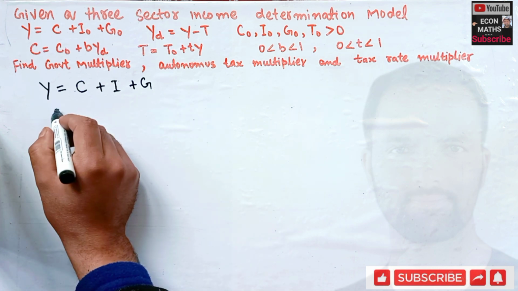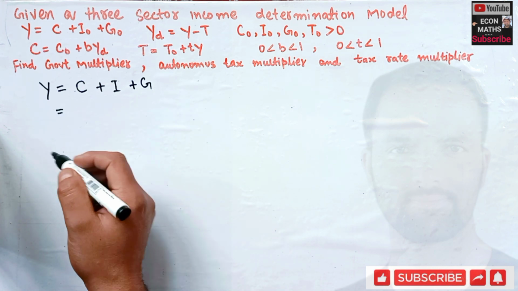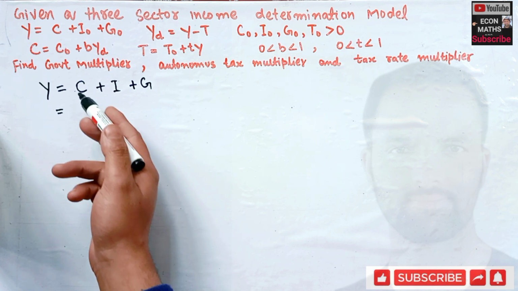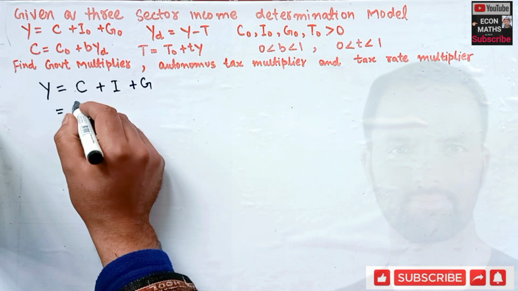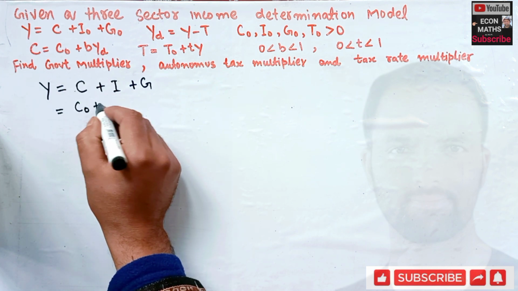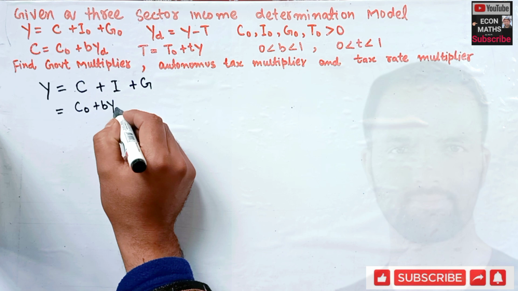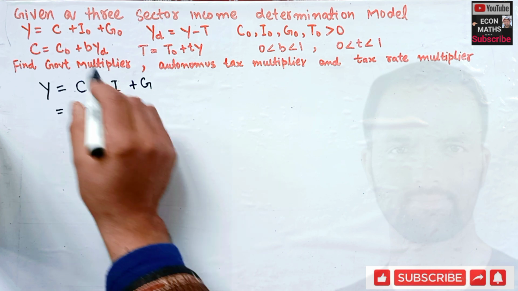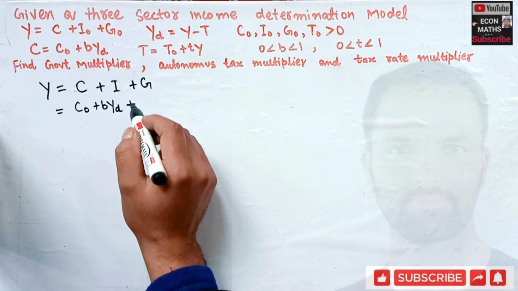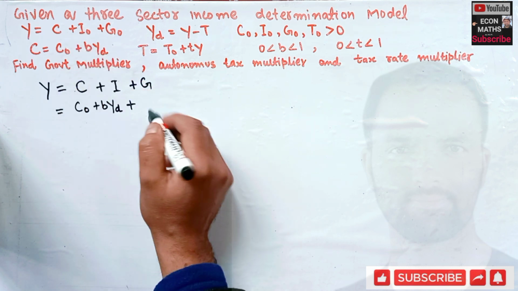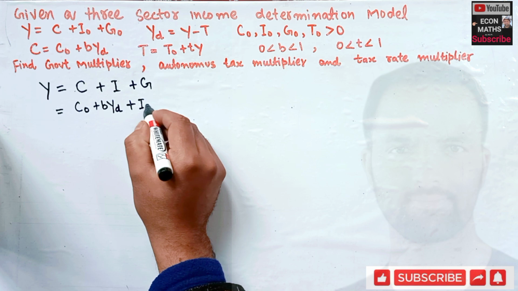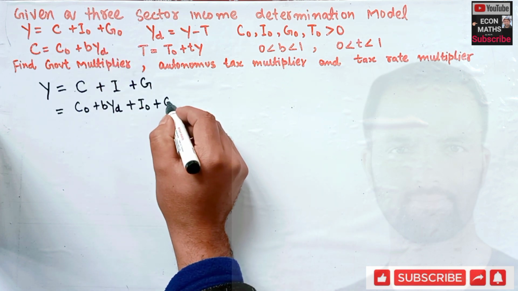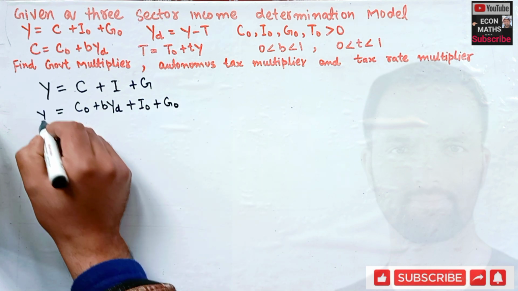Okay, and we are given the values. Consumption is given by C naught plus B YD, plus investment is autonomous here, so I is equal to I naught, so I will write I naught here, plus G is autonomous, so I will write G naught here.